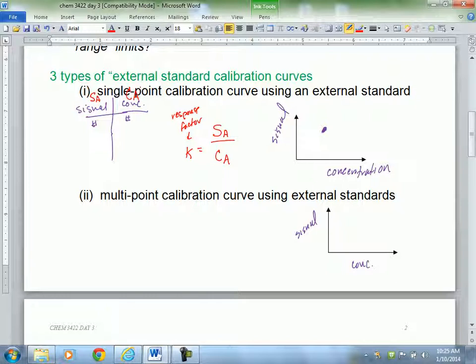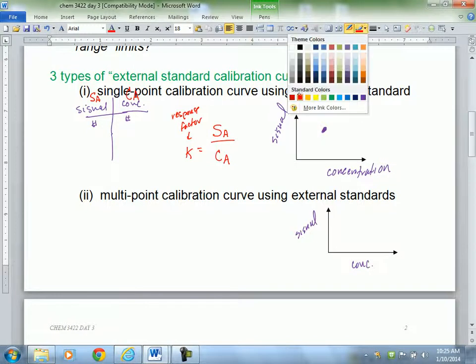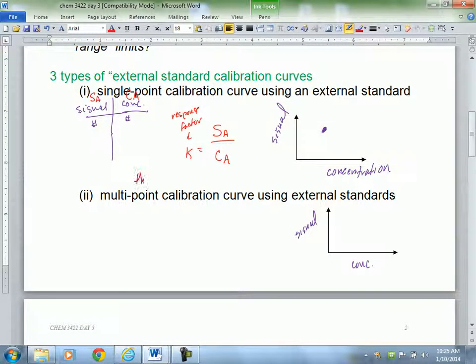Then what you do, all right, then measure S_A of the unknown, and use K to find the concentration of your unknown.